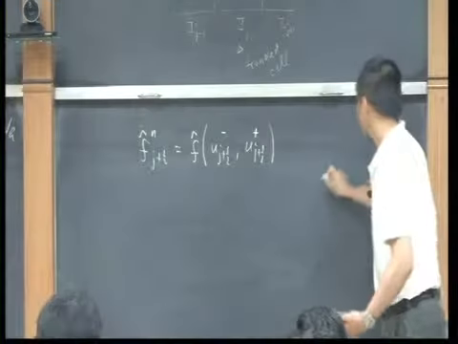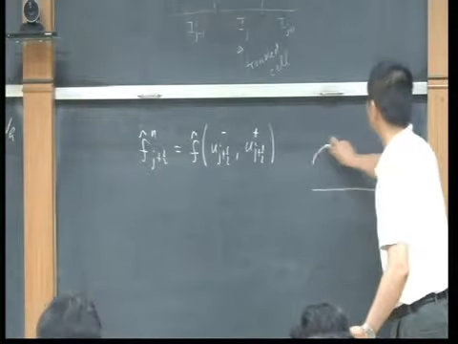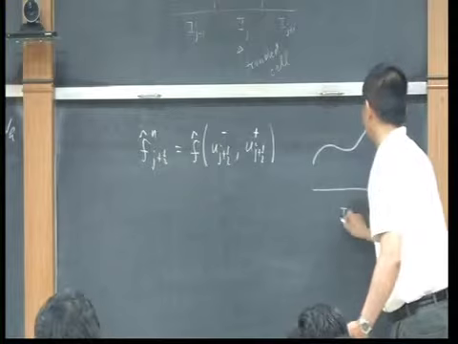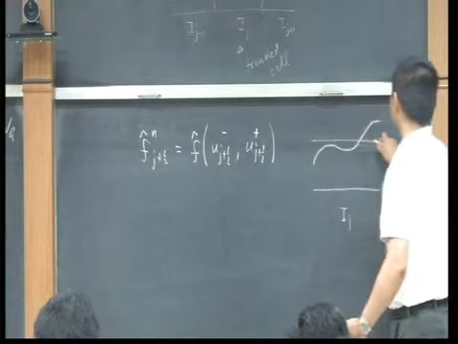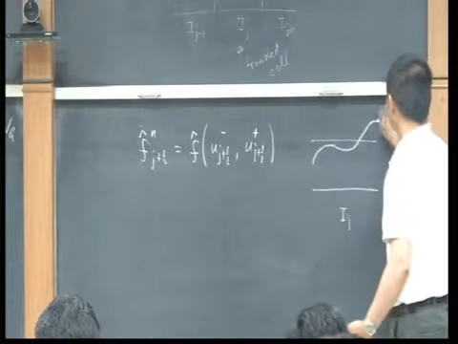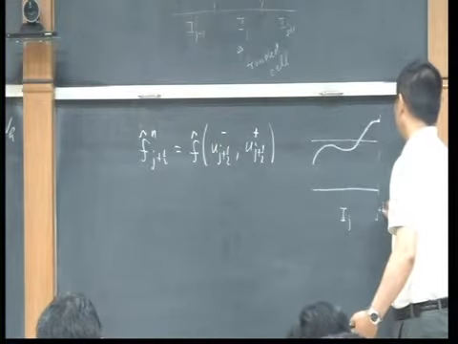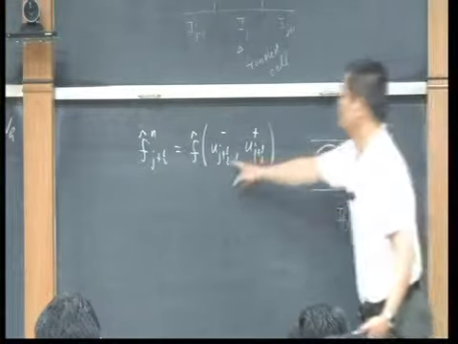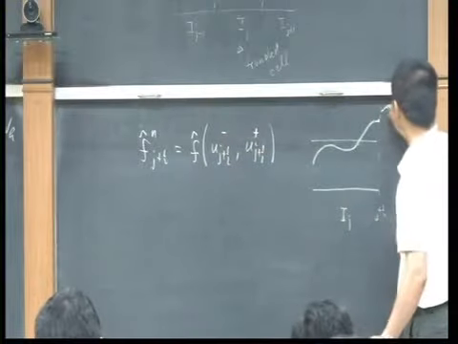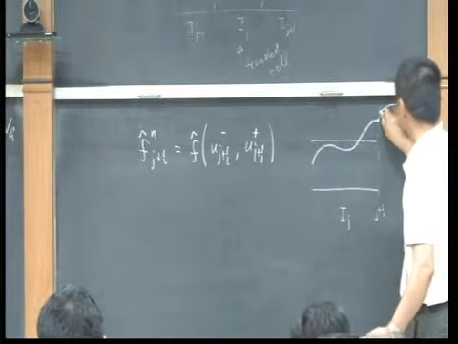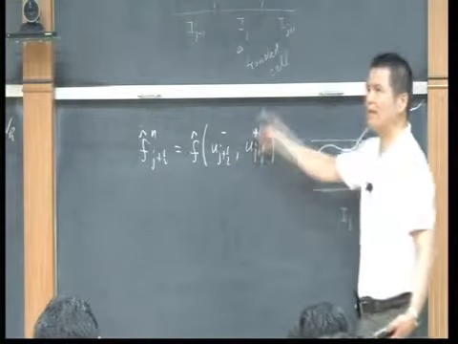So this is the picture. You have a polynomial here in cell I_j which has a cell average and also has this value at j plus half. So this value is u at j plus half minus. You have a neighboring cell, and this point is u at j plus half plus.